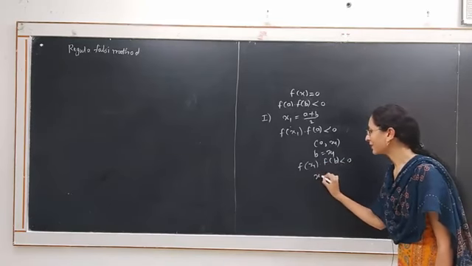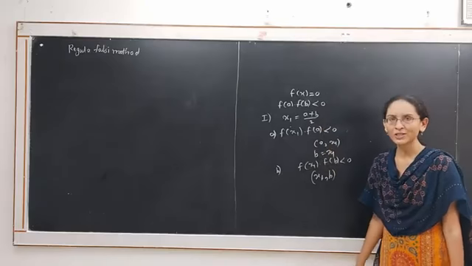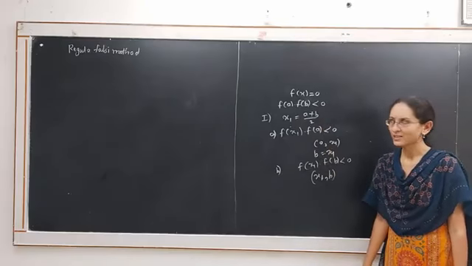If f of x1 into f of a is negative, the root lies between a and x1, and we consider b equal to x1. If f of x1 into f of b is negative, the root lies between x1 and b, and we take a equal to x1. We continue this procedure till we get the root of the equation f of x equal to 0 correct up to a certain accuracy.